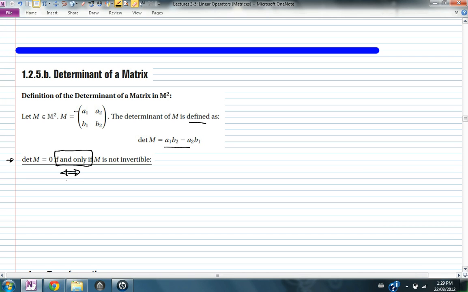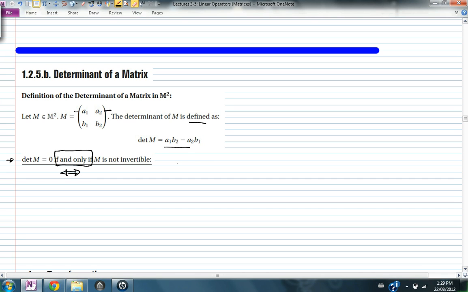Now I'm going to recall that in the last part of these lectures we showed that the matrix is not invertible if the two horizontal vectors that form this matrix are linearly dependent.